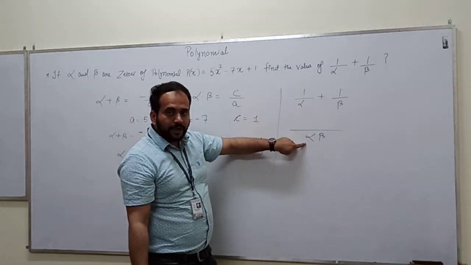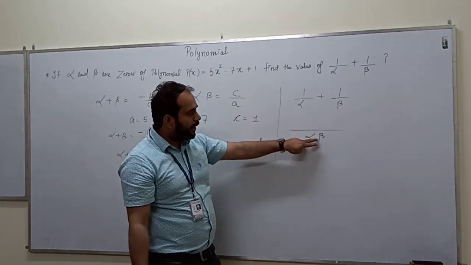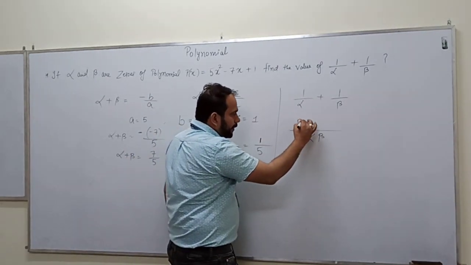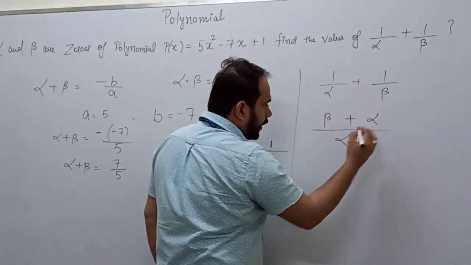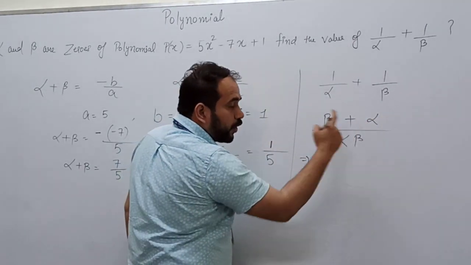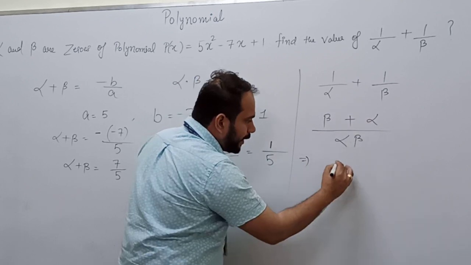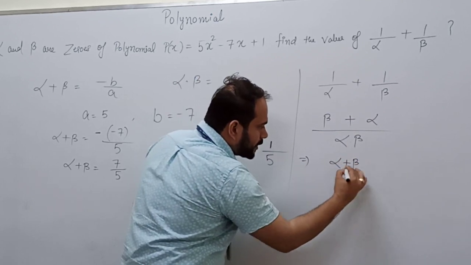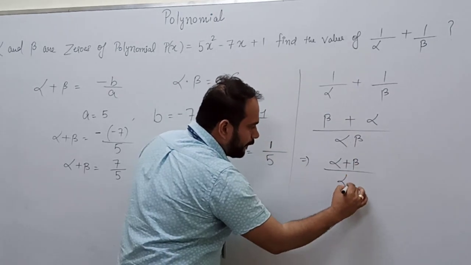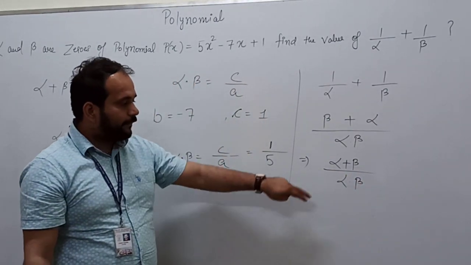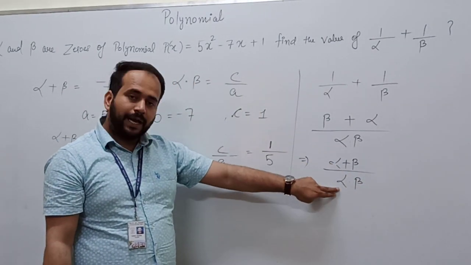Here alpha and alpha are the same, so I have to multiply 1 by beta. In the numerator I will get beta plus alpha. We know that addition is commutative, therefore beta plus alpha can also be written as alpha plus beta, divided by alpha into beta.